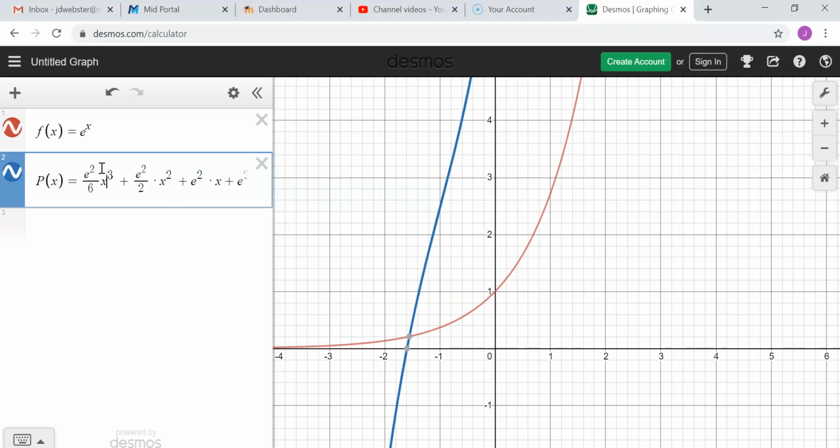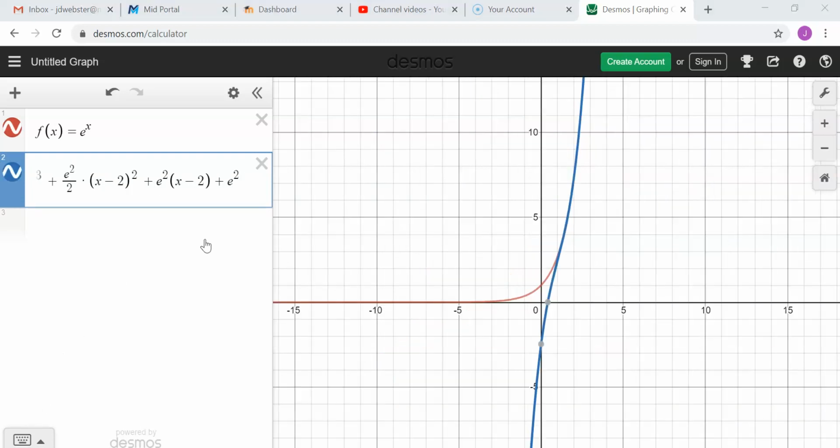That is not the graph of what I'm looking at here. I think they're giving me another variable. So let me try to fix this real quick. All right, there you go.